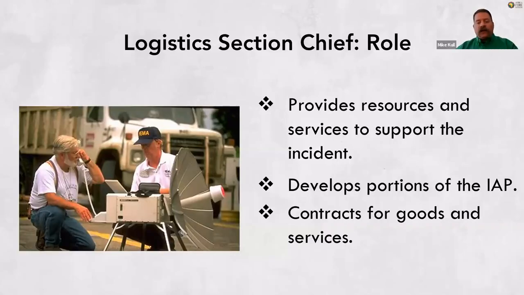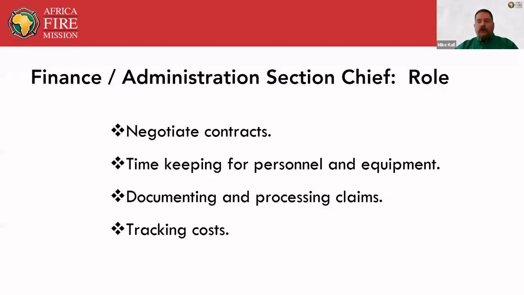And then working sort of hand in hand with that logistics, certainly on large incidents. Most incidents, you don't really need this, but there's that finance and administration section chief. What are those folks doing? If we've got to negotiate a contract, that's them. If it's a major incident where you've got to keep track of timesheets for different agencies as they come in, tracking what this incident's costing, if there's different claims for equipment damage or things like that, this is all of the desk work, right?